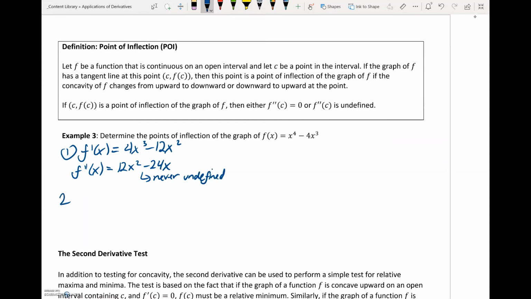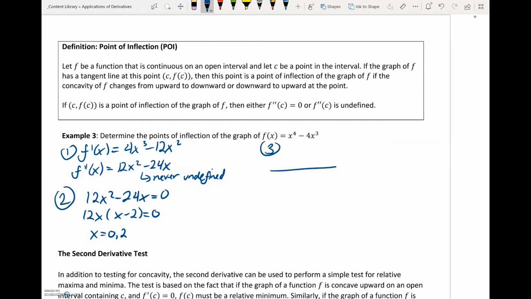So now we're going to set f double prime to 0 and solve for x. So I'm going to factor out 12x here. And then our x values are going to be either 0 or 2. So those are the 2 points we're going to use when we're finding our sign diagram.